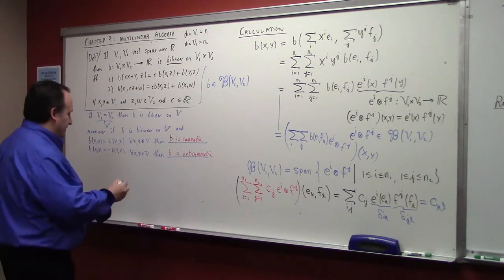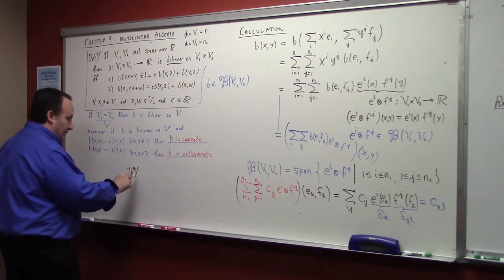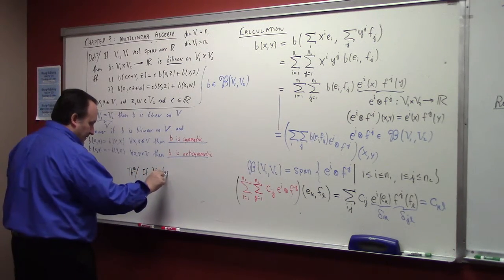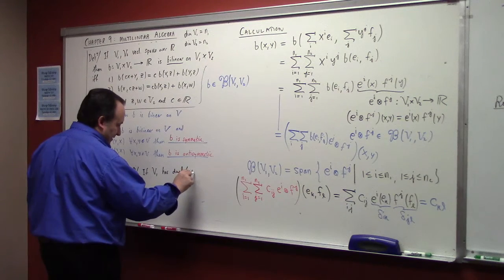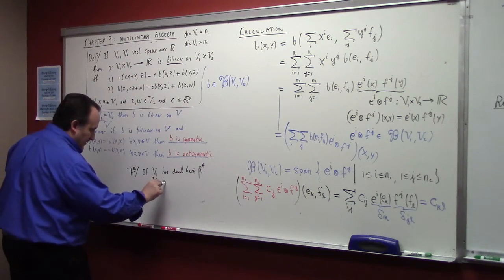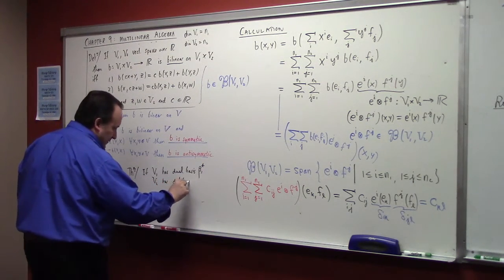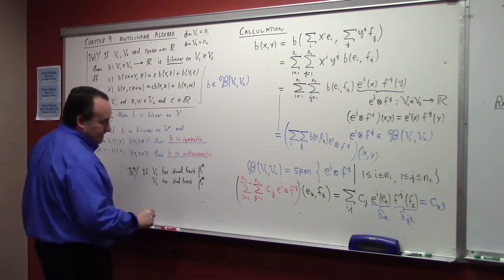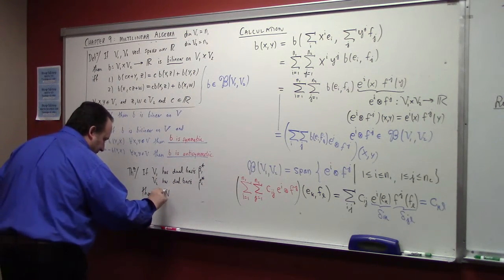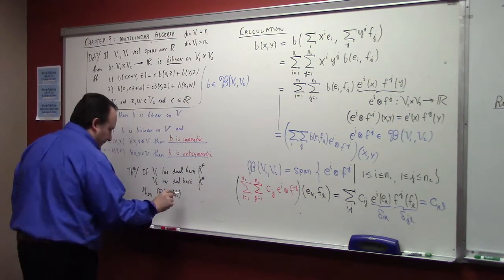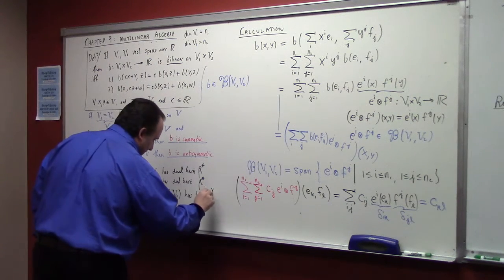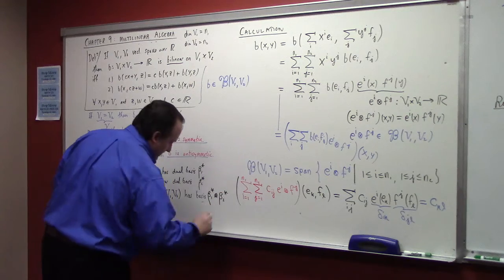And so we have basically proved the following theorem, which is that if V1 has dual basis beta 1 star and V2 has dual basis beta 2 star, then the set of bilinear maps on V1 to V2 has basis, let's say, beta 1 star tensor beta 2 star.